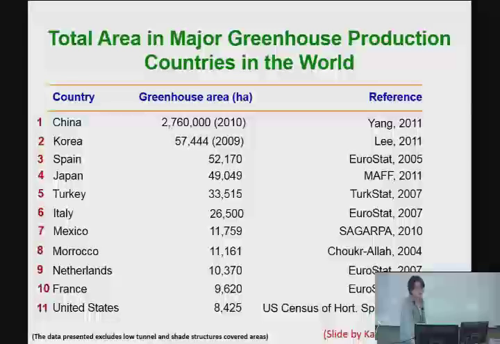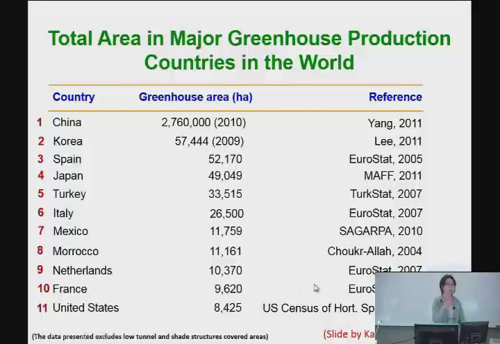Then followed by Korea, Japan, those Asian countries. Actually Korea, Spain, Japan, those countries use greenhouses as a production means to produce varieties of crops. The US is not too bad, number 11, not in the top 10, but number 11.